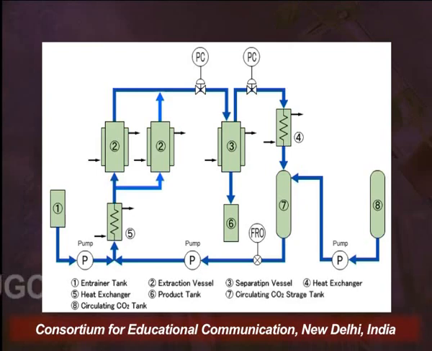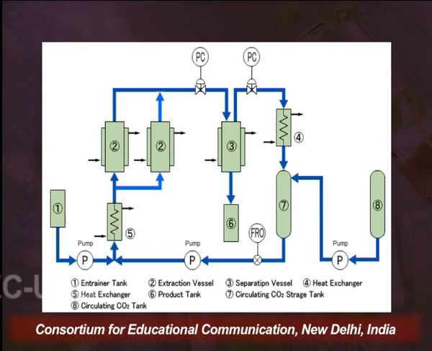Once the mixture of solvent and co-solvent enters the extraction chamber, it is maintained at the required temperature and pressure conditions for a specified period of time. After that, it is depressurized and the extract exits the extraction vessel and enters the separator. In the separator, depressurization occurs, and as I told you, the constituent gets separated from the gas and is collected into container number 6, which is the product tank.